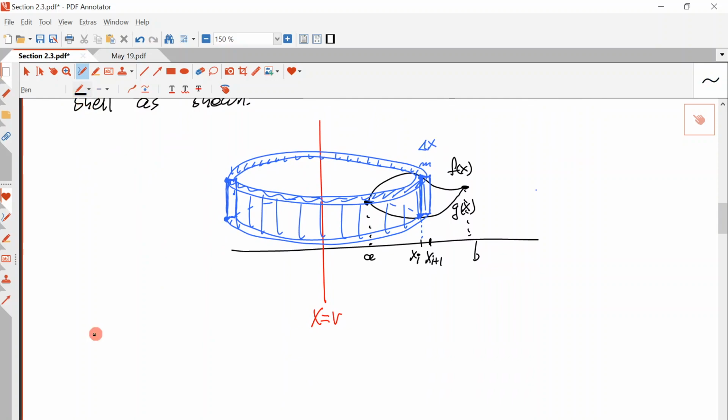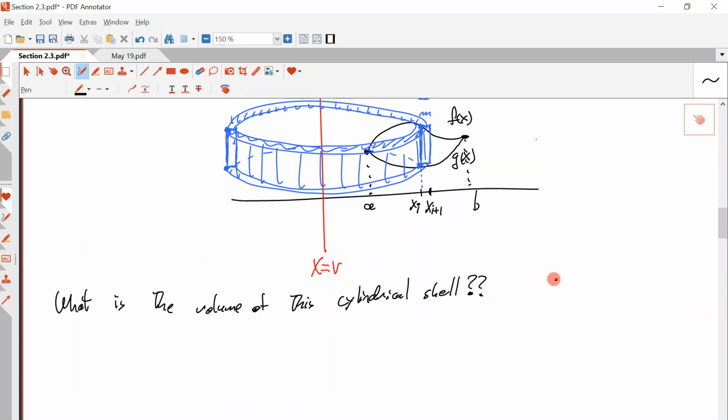What is the volume of this cylindrical shell? Probably want to think of these things as broad and short cylinders rather than tall and thin cylinders, more like a tuna can rather than a soup can. So what is the volume of a circular cylinder?